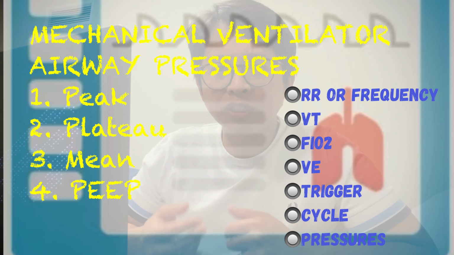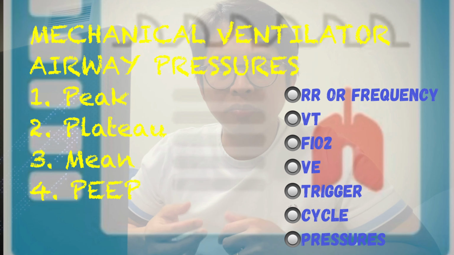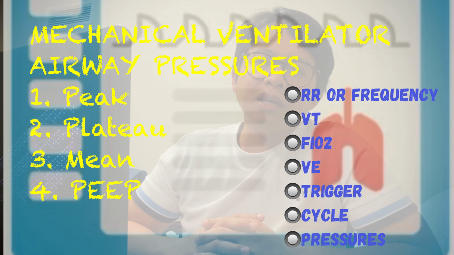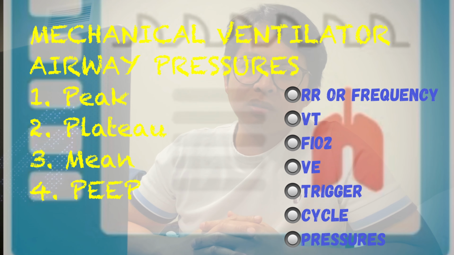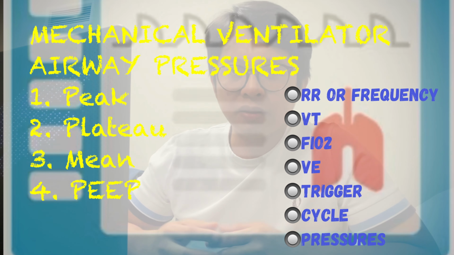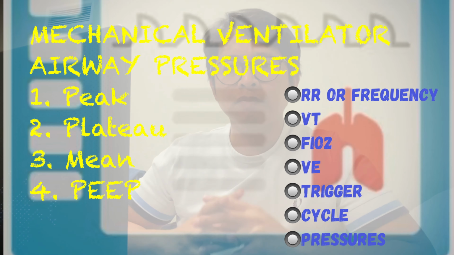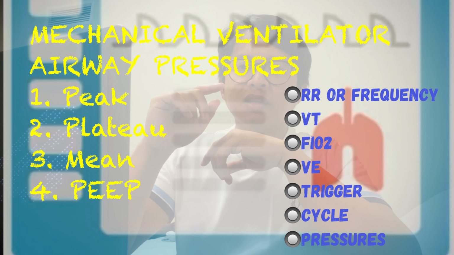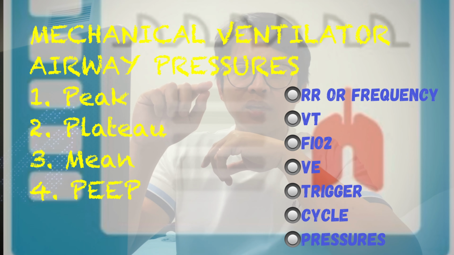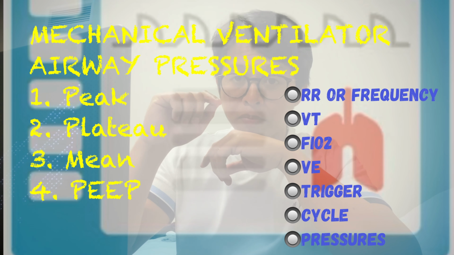It can be measured during an inspiratory pause on the mechanical ventilator. Usually the respiratory therapist and the doctors perform this maneuver on the ventilator. What they do is hold the breath at the end of the inspiratory peak.